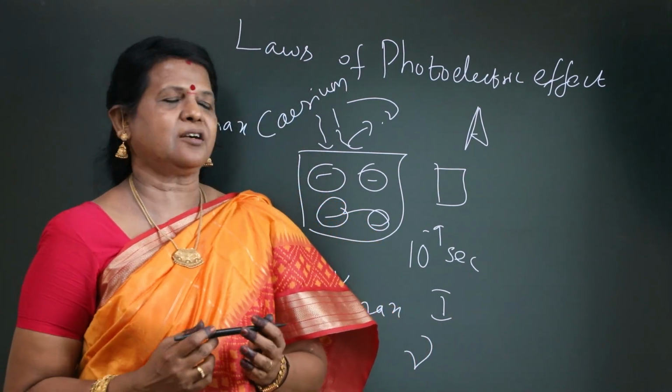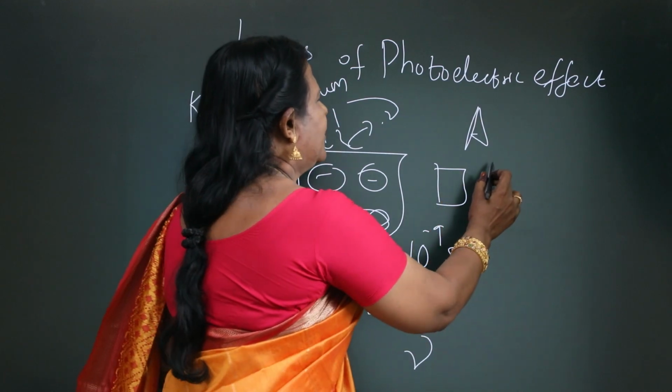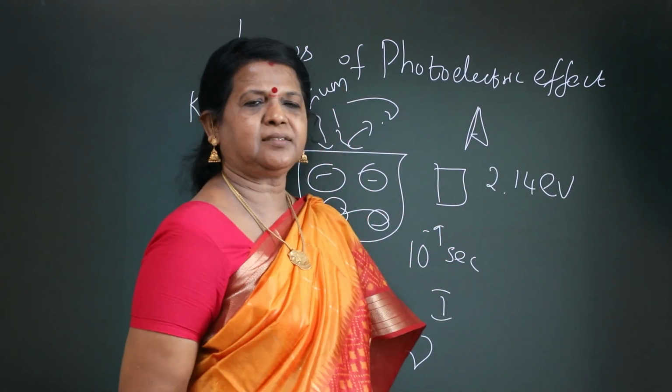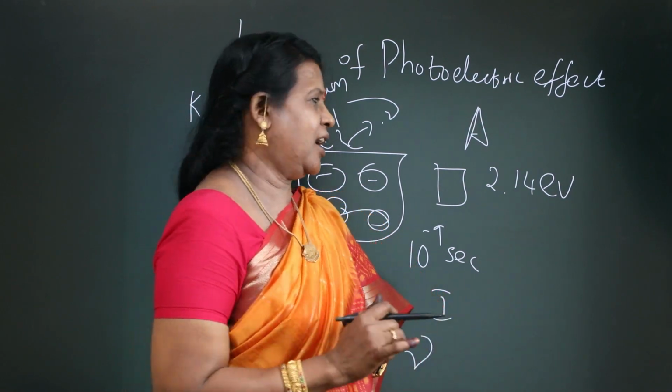The work function of cesium, we know, is 2.14 electron volt. That is the work function phi naught.